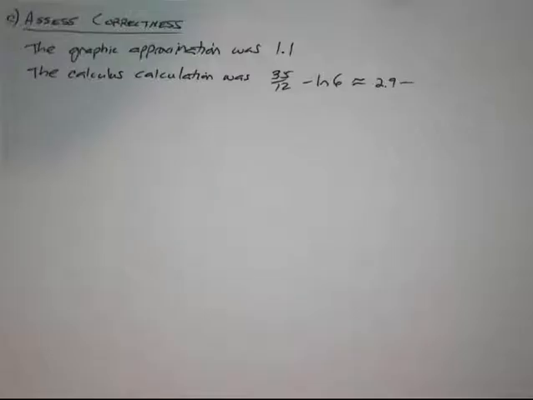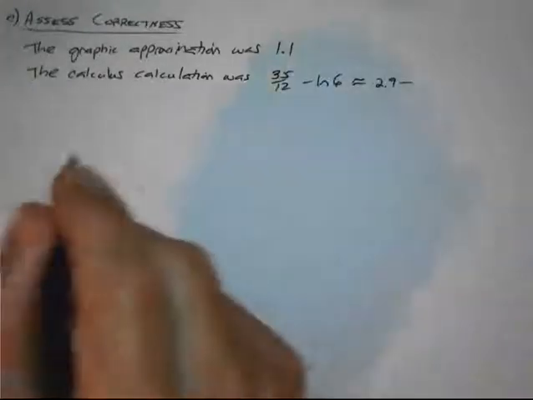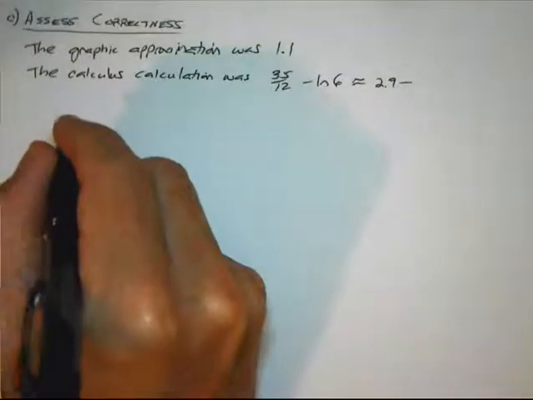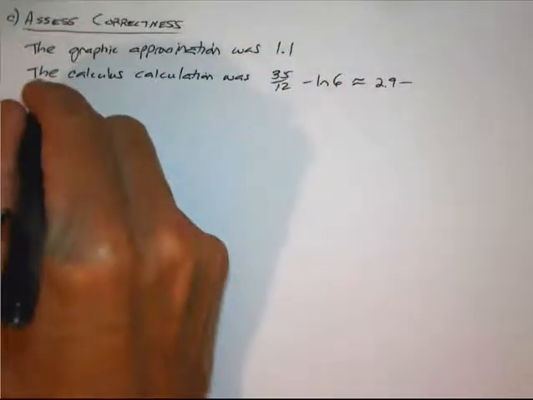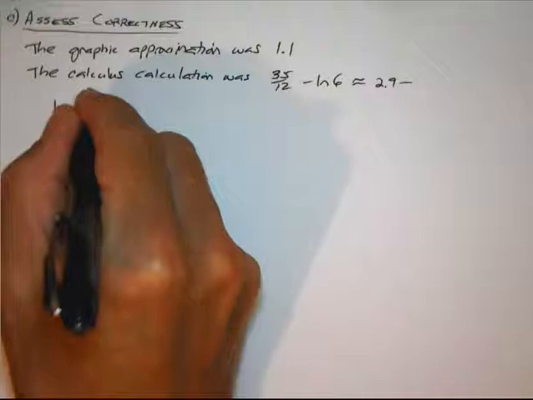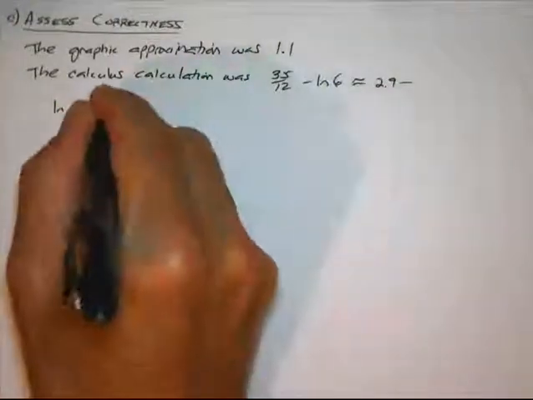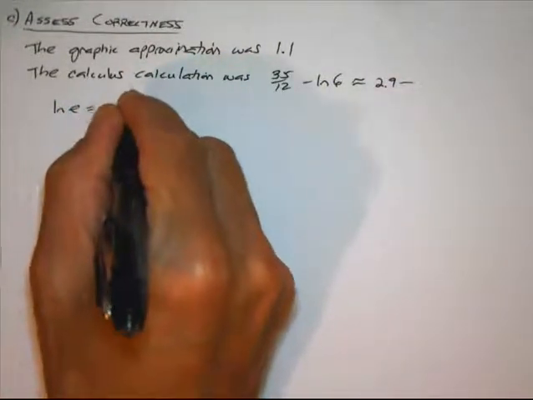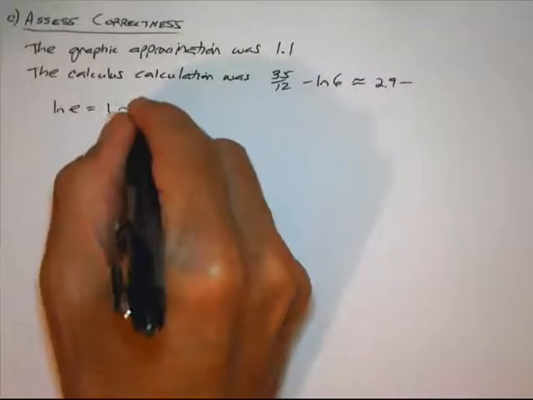Again, this is a manually solved question, no calculator. So what to do? Let's think about logs at the most fundamental level. Log is an exponent, and we know that the natural log of e, for instance, would be 1. And e, what is e? It's about 2.7, right?